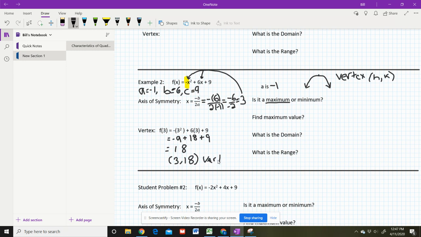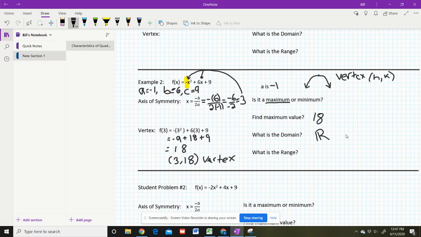All right, so it asked us to tell what the maximum value is. Our maximum value is 18. If this was a ball that we threw up in the air, it's going to a height of 18 feet, and then it's coming back down. So it's asking what's the domain. Remember, with a parabola, the domain, or the x values, are always all real numbers, or we use this special R that they made.